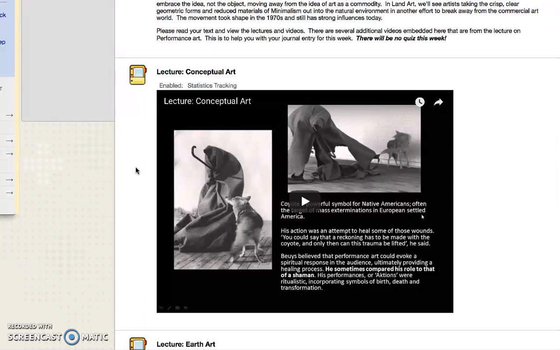Then again, we have people like Bruce Nauman engaging in more mundane aspects of what the human body does, or even Andy Goldsworthy, looking at the environment in very poetic and magical ways in the way he reconfigures the natural world.